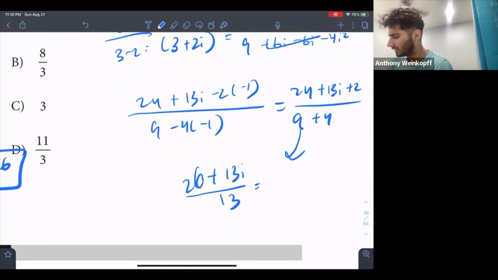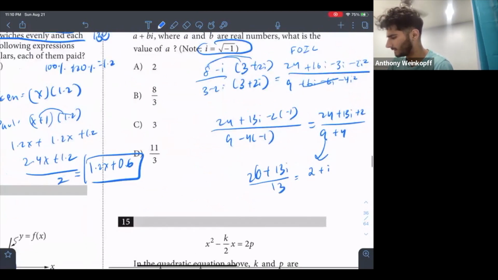So you could divide by 13 to get 2 plus i as your answer, and this would be a plus bi.